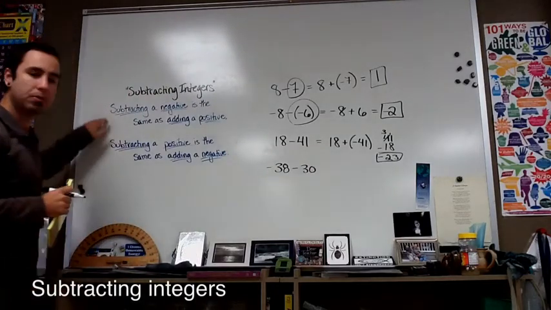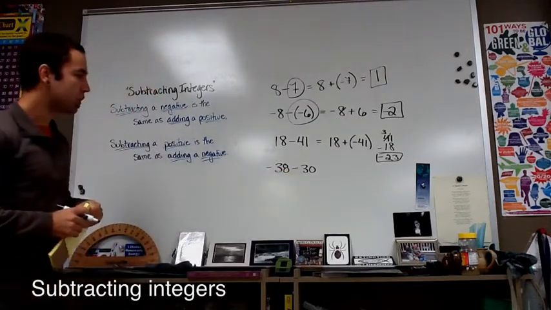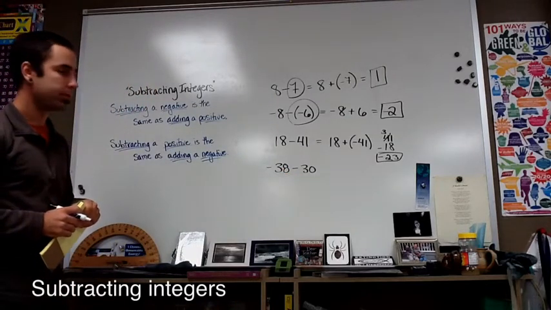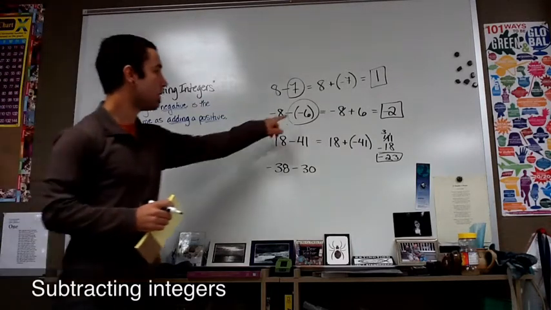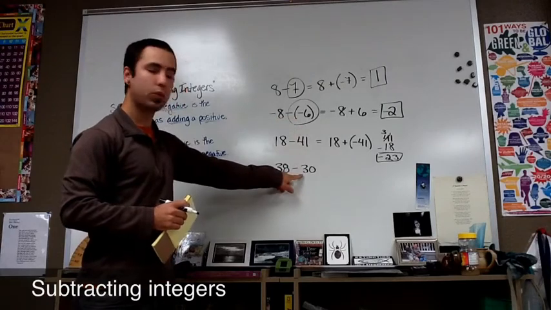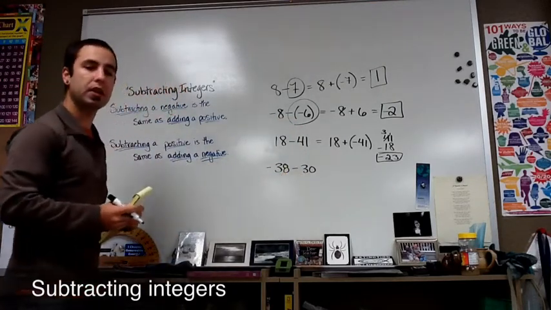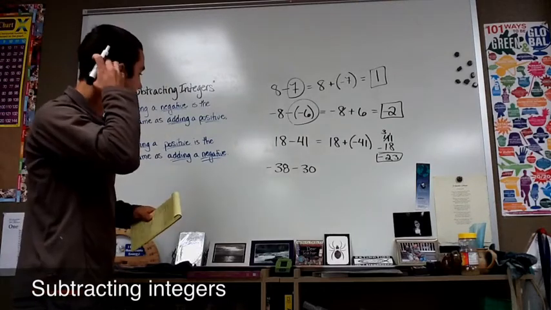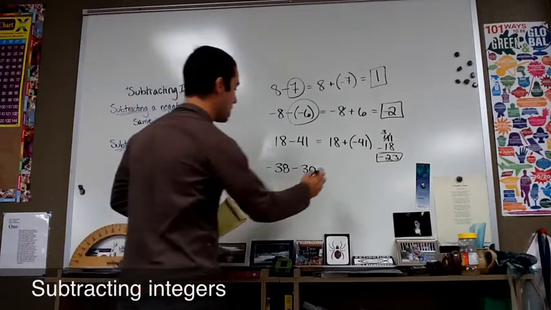Which statement applies? Am I subtracting a positive or am I subtracting a negative? The clue here is parentheses. Do I have parentheses around these? I don't. And so I am actually subtracting a positive. So in this case, I then change the sign and change the operation.